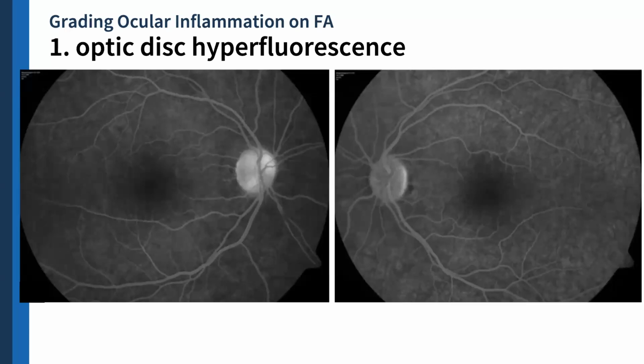Is Rit here? Okay, he just came in. Ollie, right? So, right and left eye. This is a mid-phase angiogram, at 5 to 10 minutes. Which one is normal and which one is abnormal?